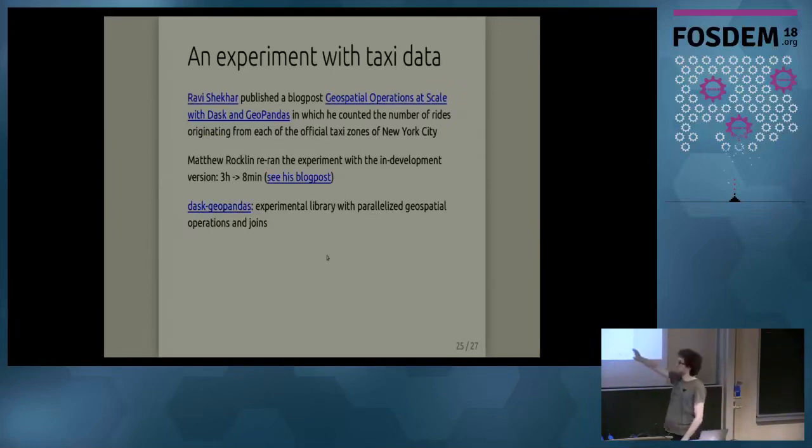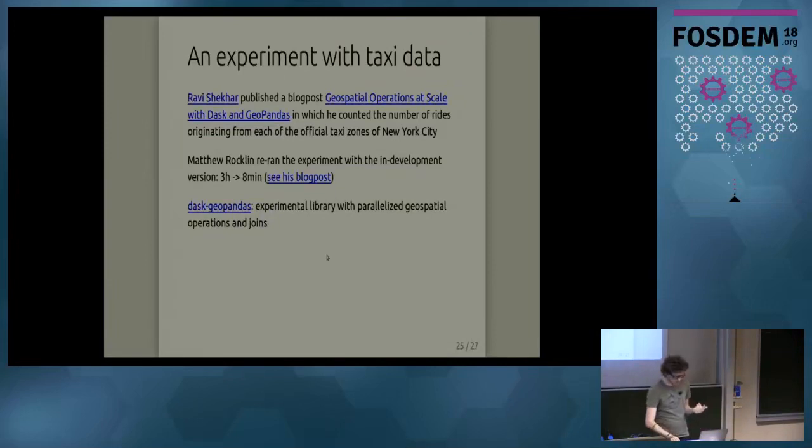On his laptop, it took more than 3 hours with the version then. Matthew Rocklin, the person who collaborated with me on the new developments, tried it out on his laptop, and with the new version and with parallelizing it, he was able to do it in 8 minutes. And this is based on Dask GeoPandas, which is a very experimental library to also parallelize the computations of GEOS.